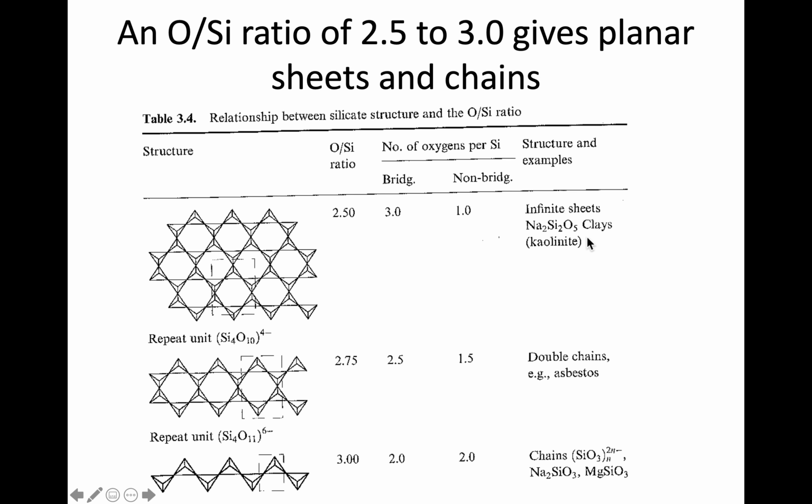Clays form into this structure, and others as well, which I have on the next slide. If we keep going up, we go into less and less dimensionality. A 3-dimensional network was 2, planes, which are 2-dimensional structures, are 2.5, and then we have chains, which are more 1-dimensional structures as we get closer to 3.